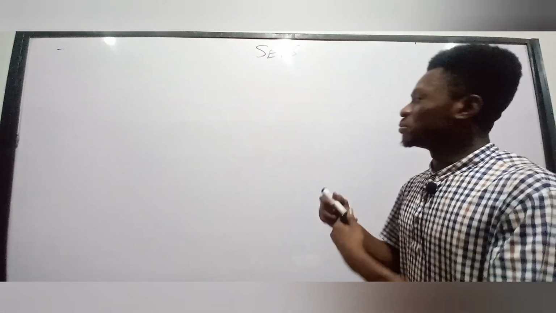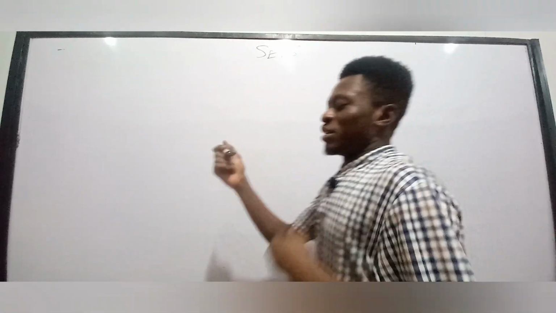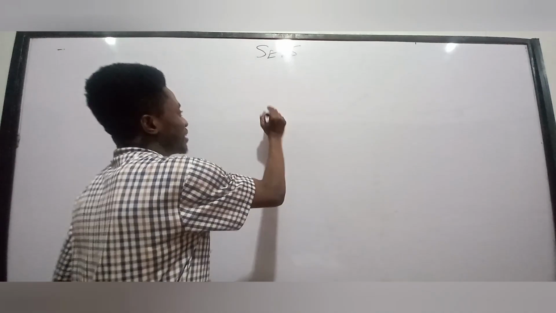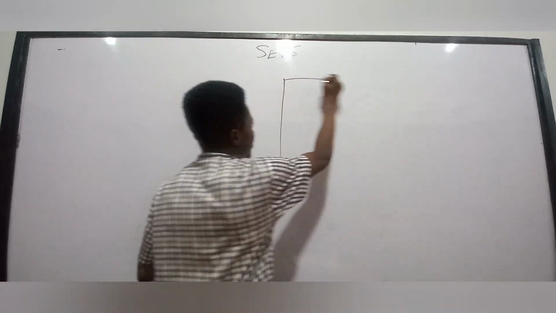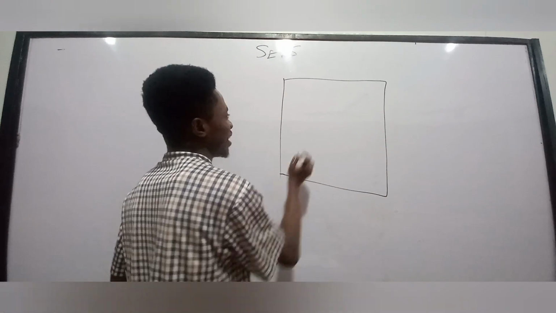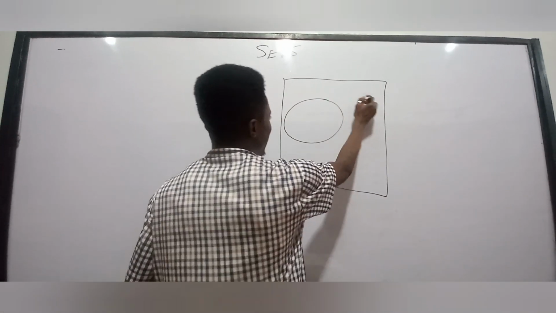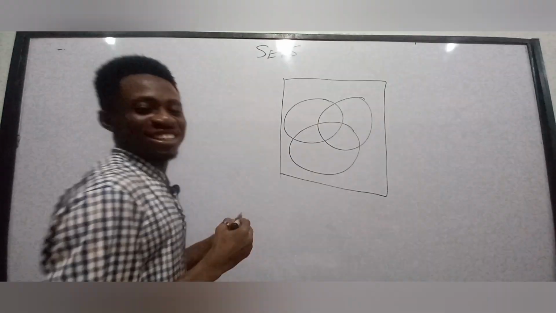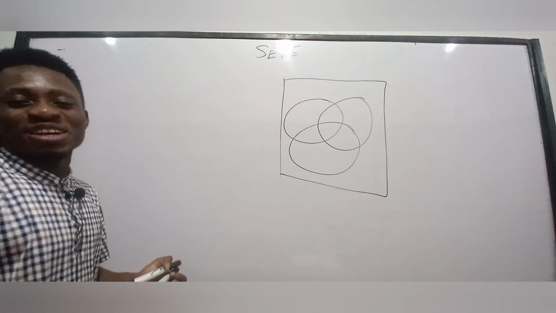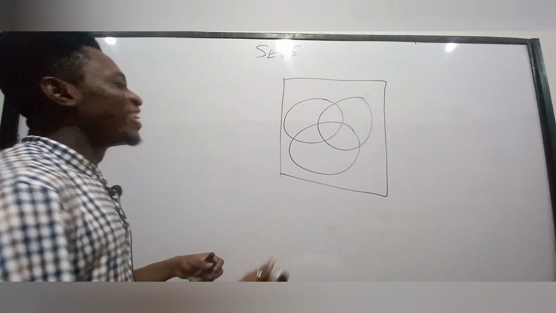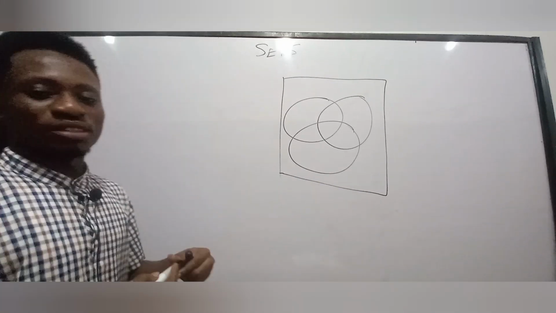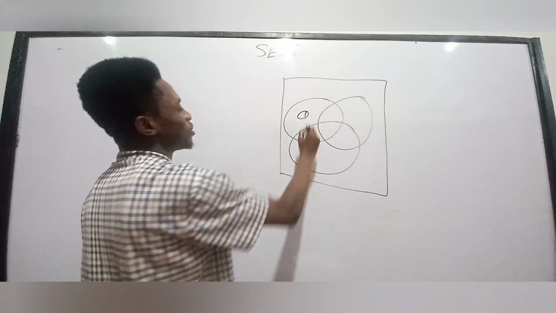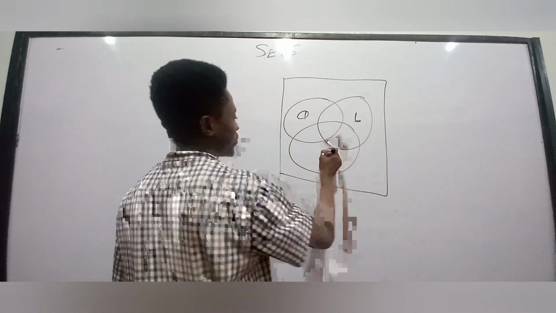Okay, so we are moving straight to the 3 sets problem. You see now my Venn diagram is becoming bigger. We are getting bigger every day. Okay, so this is it. So here I'm denoting it by alphabets.